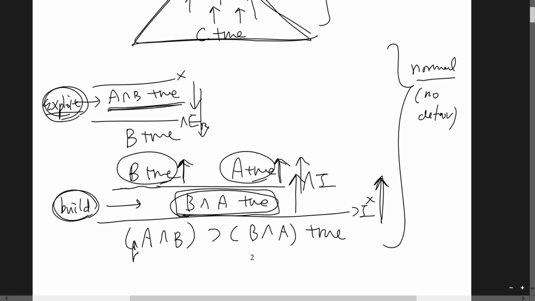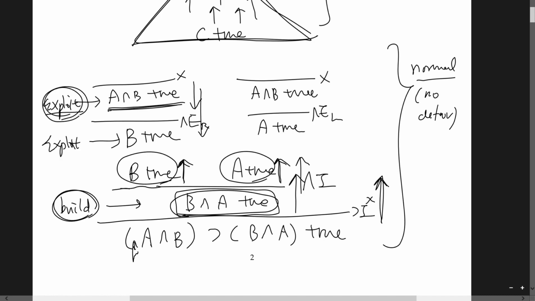And similarly, we replicate this hypothesis and then apply conjunction elimination left rule. And then we obtain A true. So we want to exploit this judgment to be true in order to build the proof of B true. So here, this down arrow meets with this up arrow. And similarly here, this down arrow meets with this up arrow.